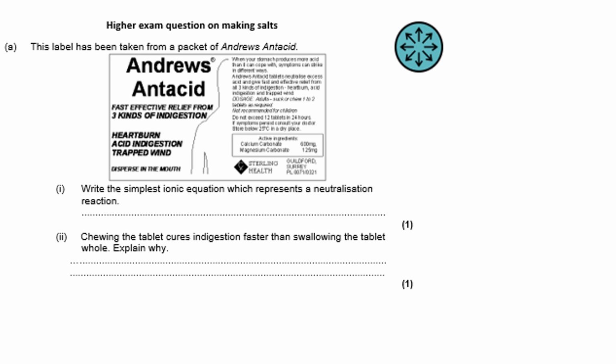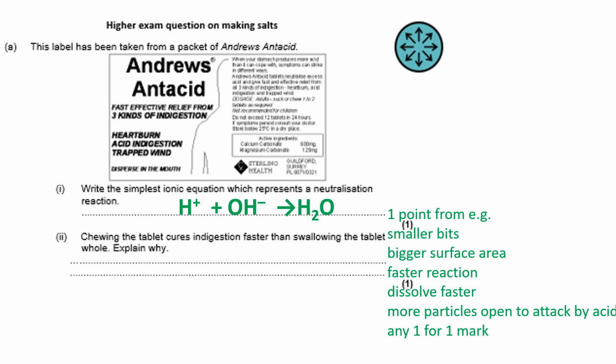But the question is, write the simplest ionic equation which represents a neutralization reaction, and you should know it's this one here. So ionic equation, neutralization, it's the same every time. And why does chewing a tablet work faster than swallowing a tablet? Well, it's something along the lines of smaller bits, a larger surface area. It's going to be a faster reaction because it dissolves faster, something like that.